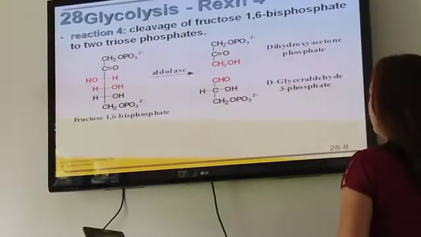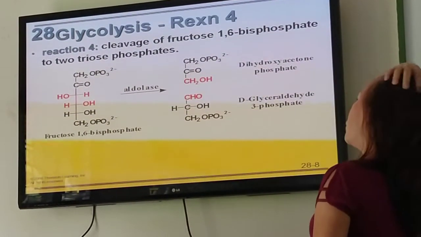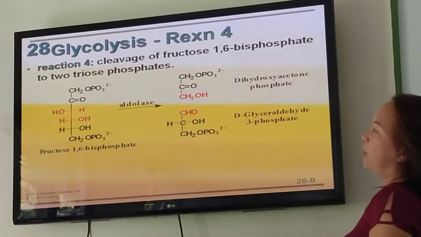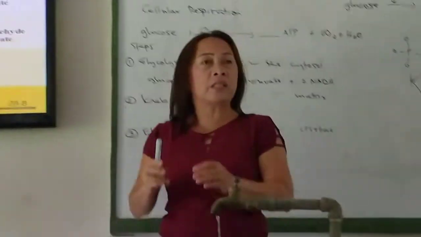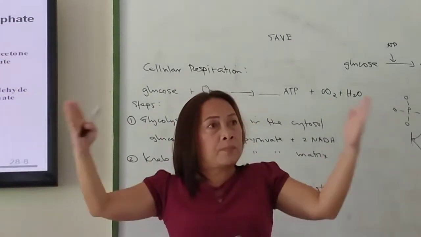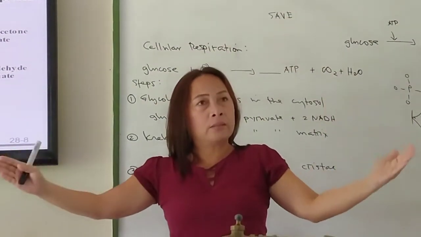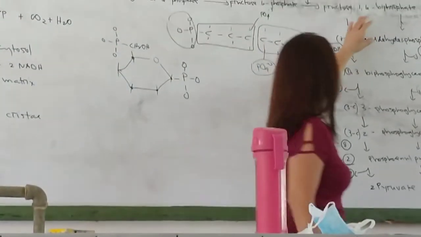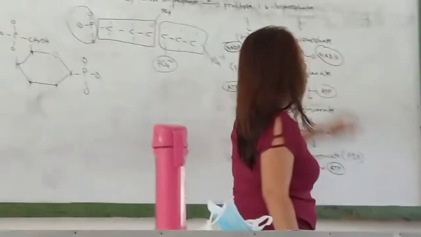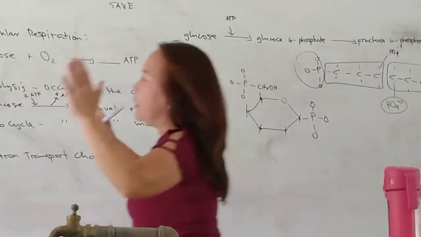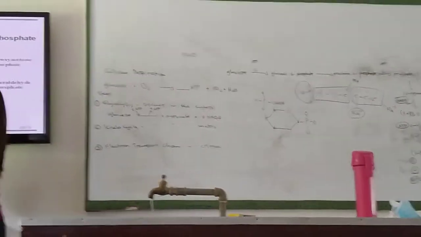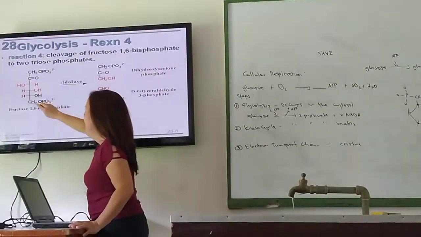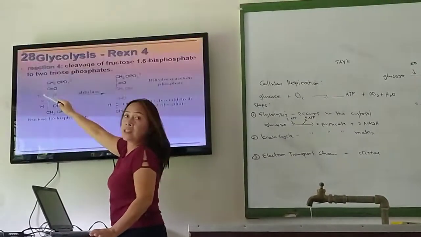That is the expense. Now, reaction 4 is cleavage of fructose 1,6-bisphosphate into 2 triose phosphates. We say cleavage, separation, breaking into 2 molecules of 3-carbon compound. So there is now splitting of the 6-carbon compound. So we have 1, 2, 3, 4, 5, 6. So there are 6 carbons.